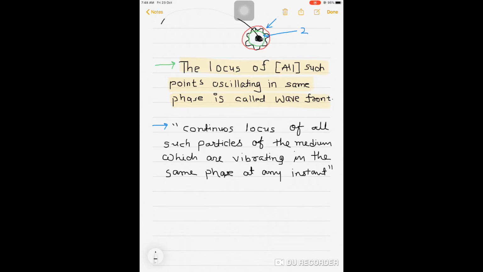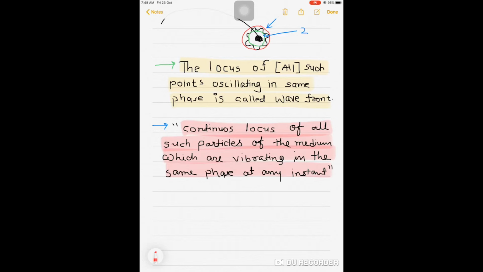So in general we can define it by this statement. This is the basic explanation of wavefront.